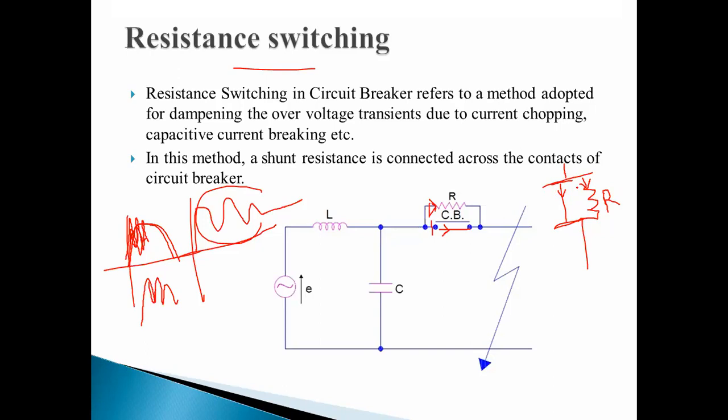So the current flowing through this arc decreases.